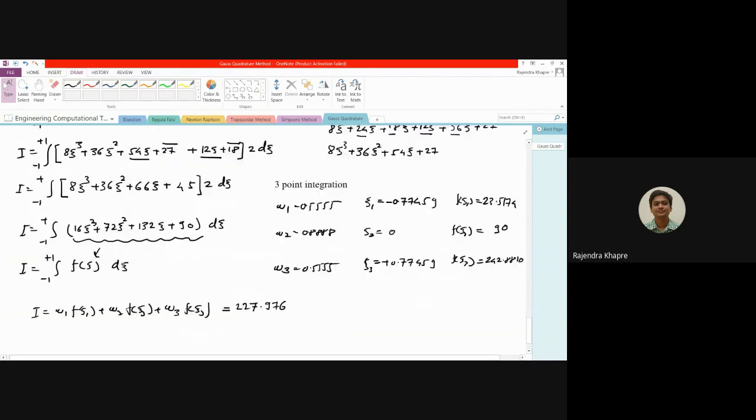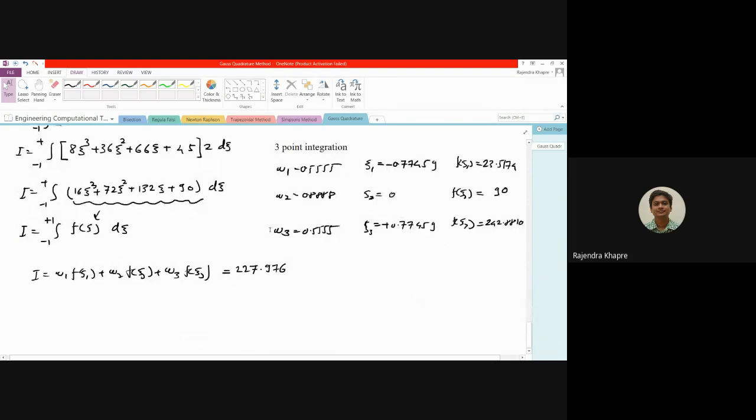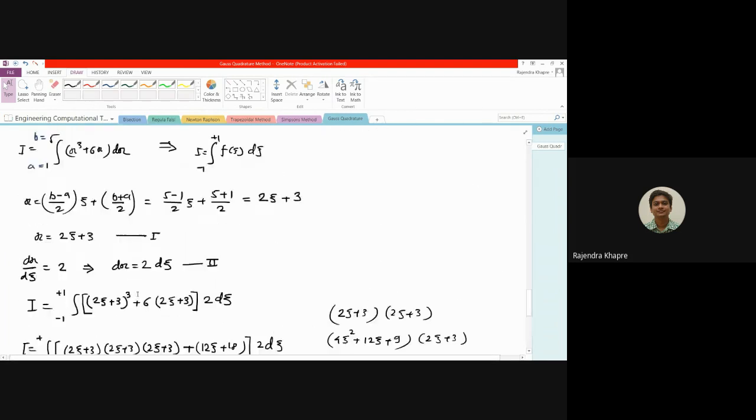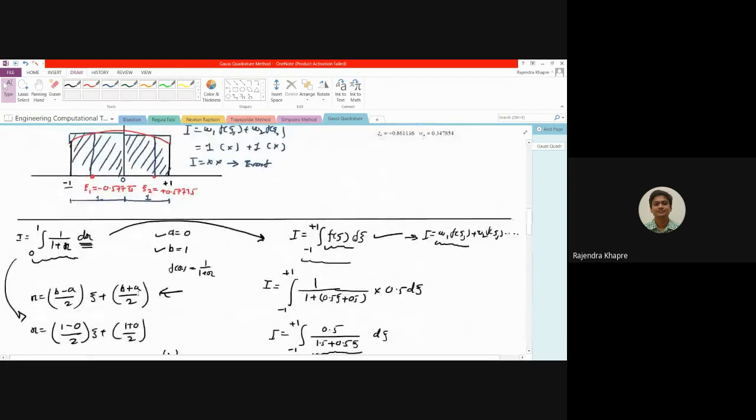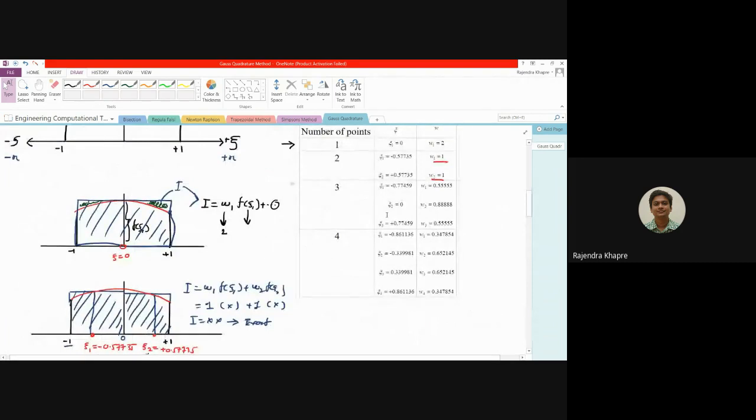Then substitute the values, and use either 2-point, 3-point, or even 4-point integration to get the solution using the expression I equals the summation of w_i into f of xi_i. Here i can be any integration point, 2, 3, and so on. If you go on the internet or refer to any standard textbook, you will find a big table of these integration points.